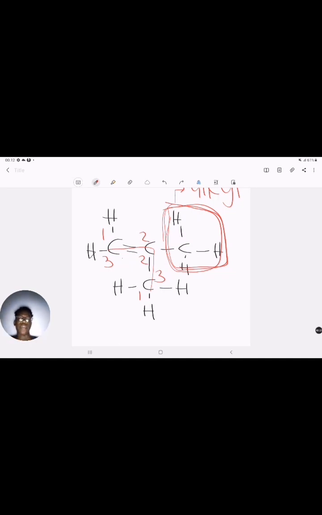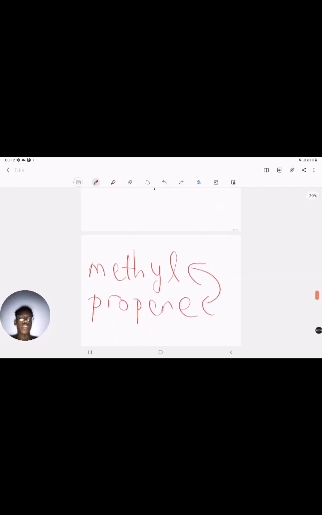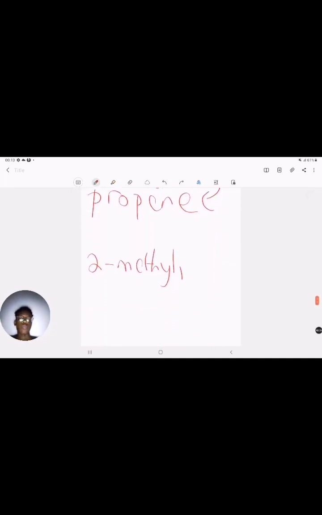What is the smallest number? The smallest number is 1. Therefore, from a previous video, it's going to be prop, because I'm dealing with propene, dash 1 dash. You just break this into 2, so you put the 1 in between. Prop-1-ene.